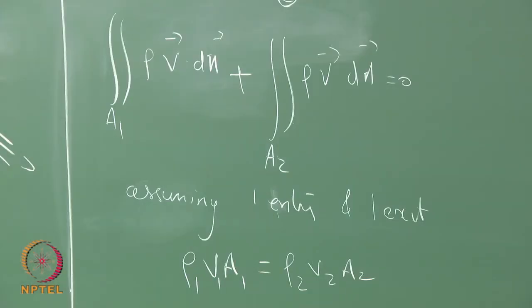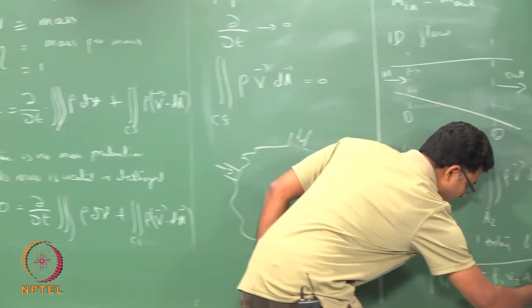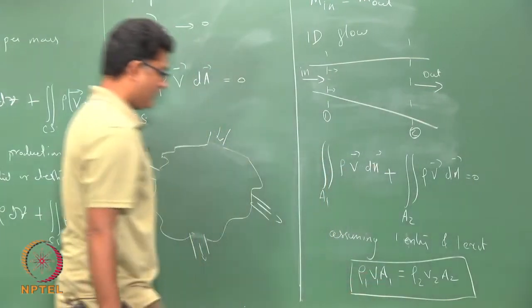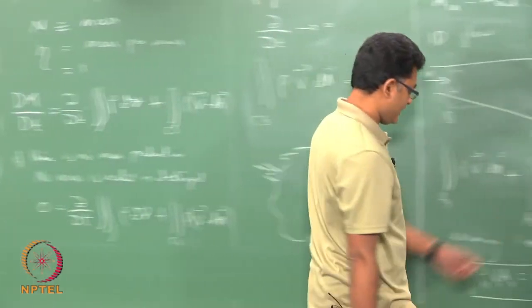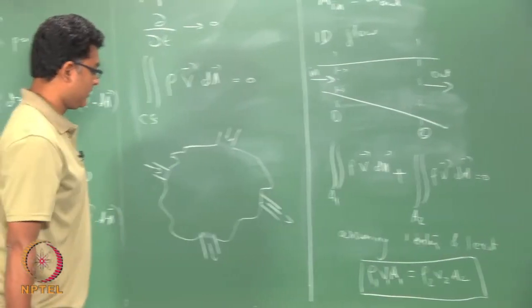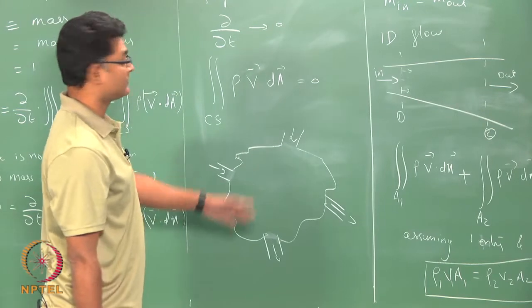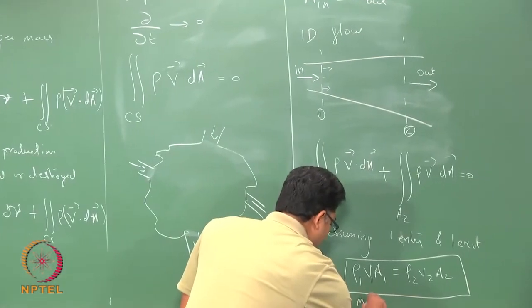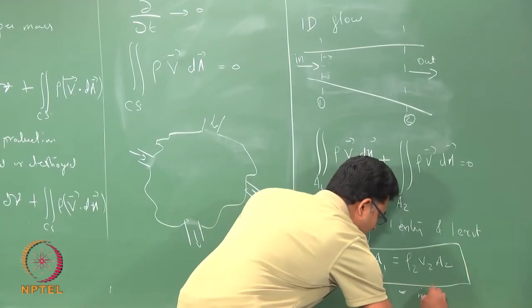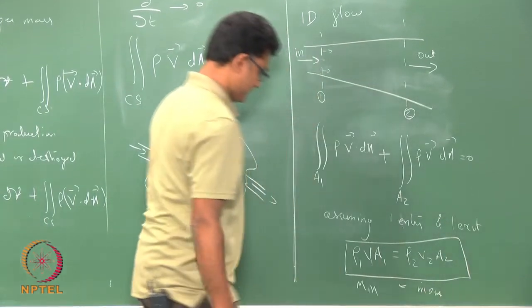So, this is the 1D, one entry and one exit continuity equation or the mass conservation equation. So, this is mass in equals mass out.